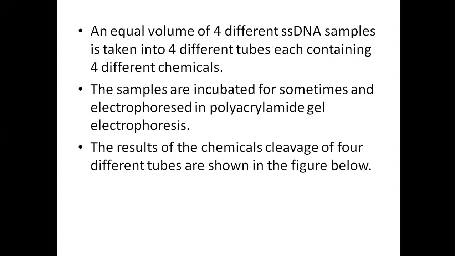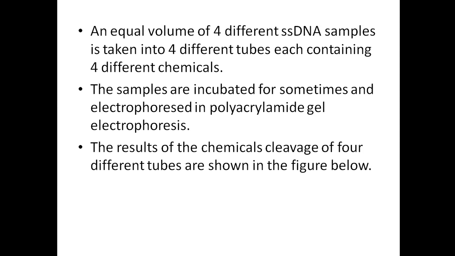So what we do here in the Maxam-Gilbert method, an equal volume of 4 different single-stranded DNA samples is taken into 4 different tubes. Into each of these tubes an equal volume of single-stranded DNA is added.